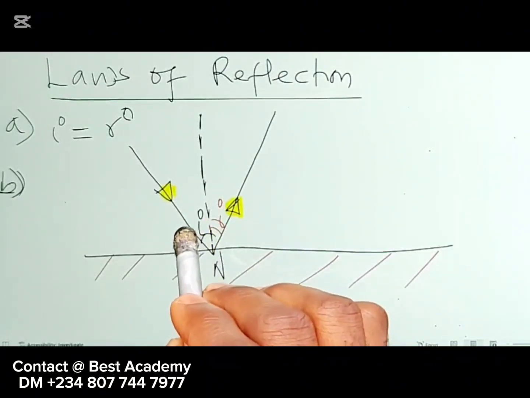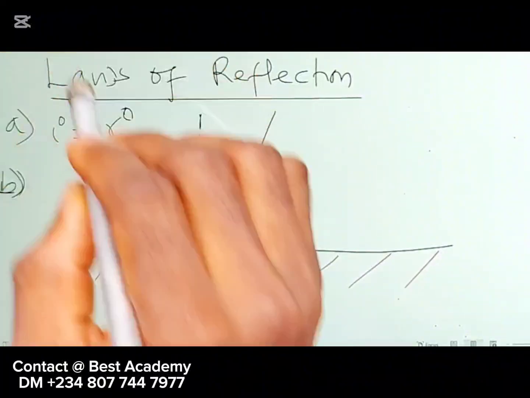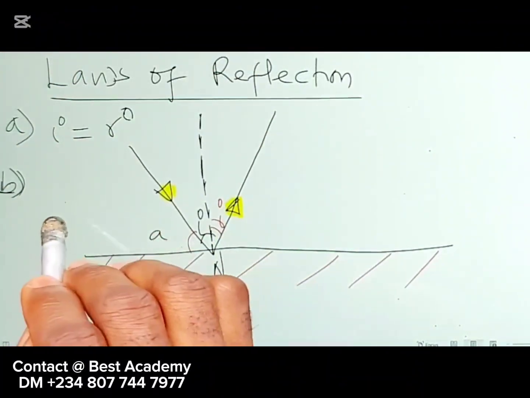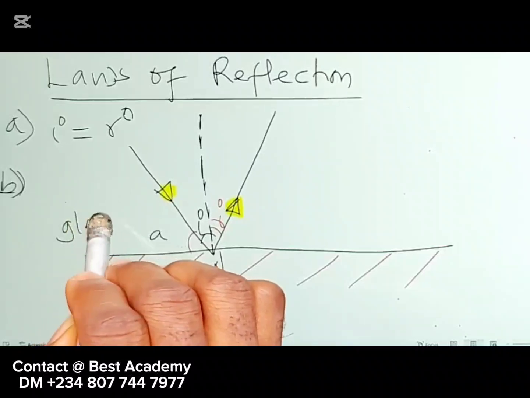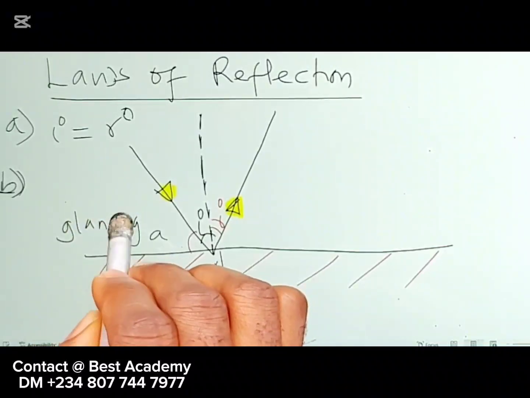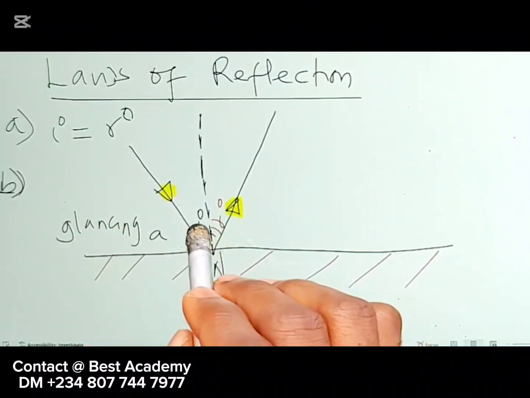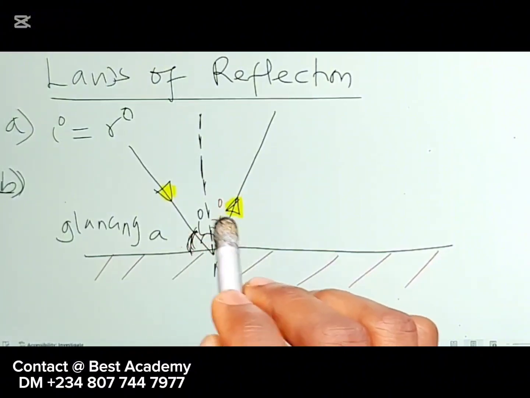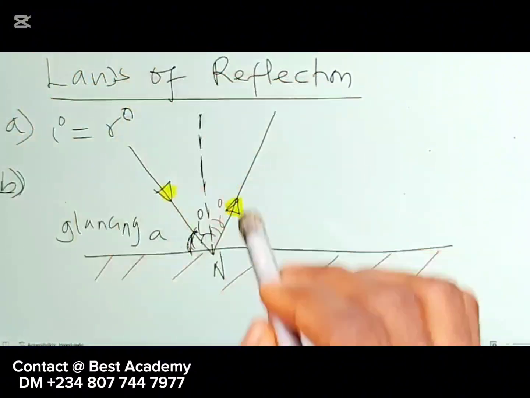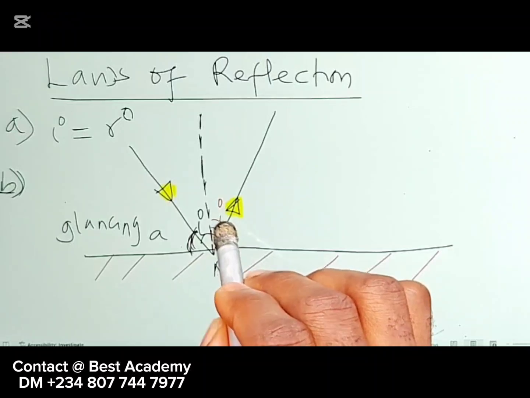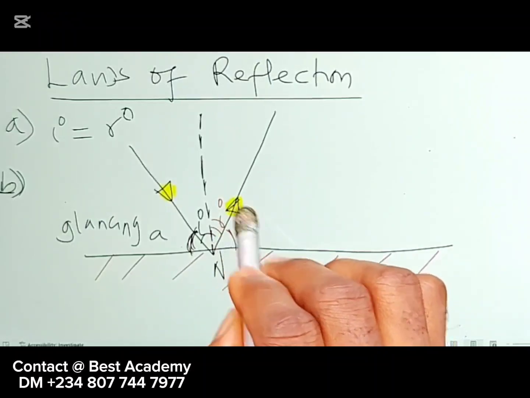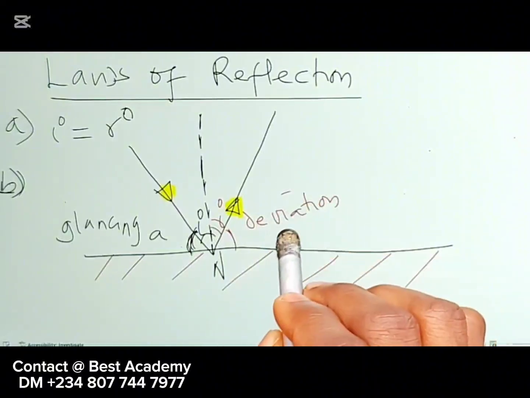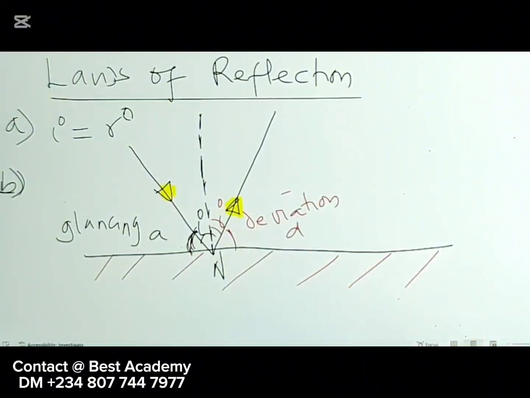Please take note. Downward to this incident angle here, we have the glancing angle. Downward to incident, we have the glancing angle. Downward to reflection, we have the deviation angle, and we use D to represent this.